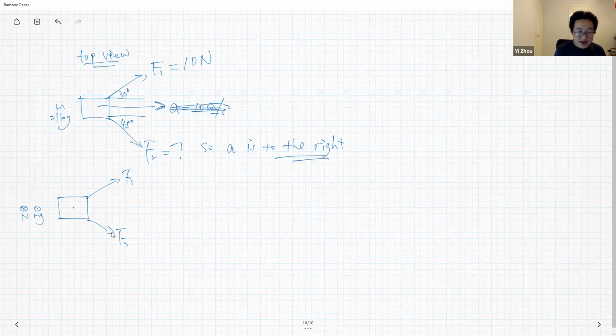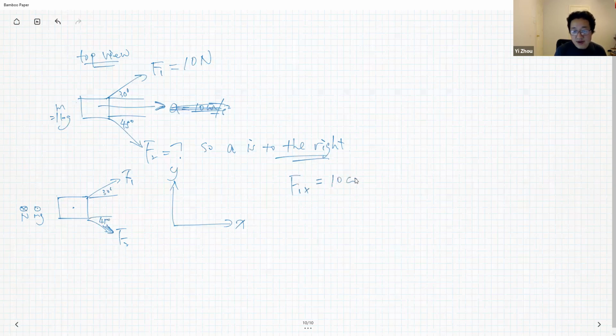Okay. So now we need to choose our coordinates. Do you want to choose the normal one like we usually do? Yeah. Okay, that's X and Y. Now, because all these are vectors, we need to resolve them, right? Yeah. So F1x is 10 cosine 30 degrees.